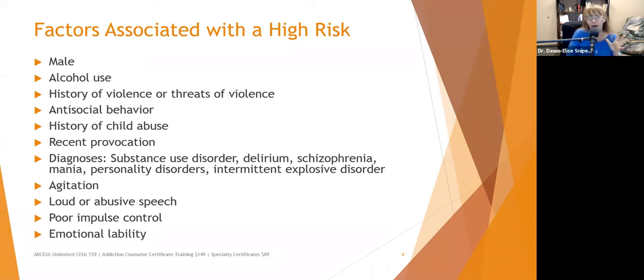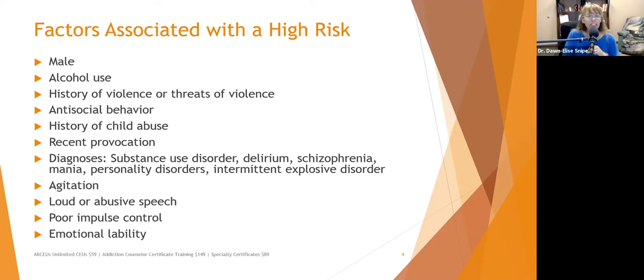And when we talk about recent provocation, it could be related to this particular incident, or it could be a lot of things that are building up and they're getting provoked when they're watching the news, and they're getting provoked at work, and they're just feeling like they're getting provoked from a lot of different places. And then there's something that's sort of the straw that broke the camel's back. But if they indicate that they're being provoked and everybody's ticking them off, that's something to be aware of.